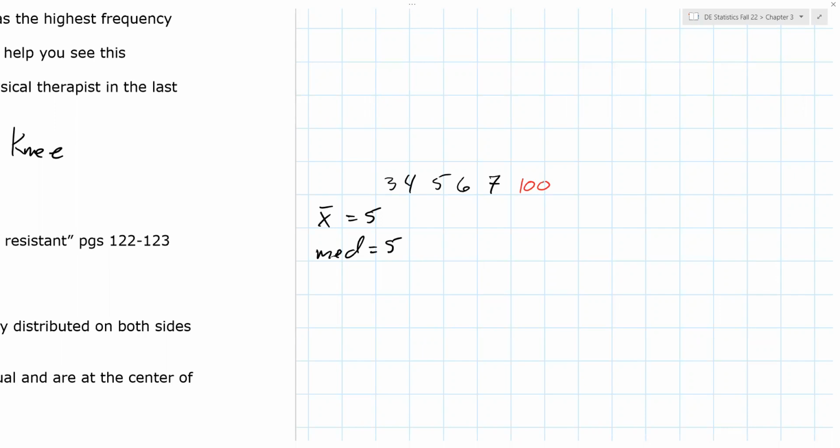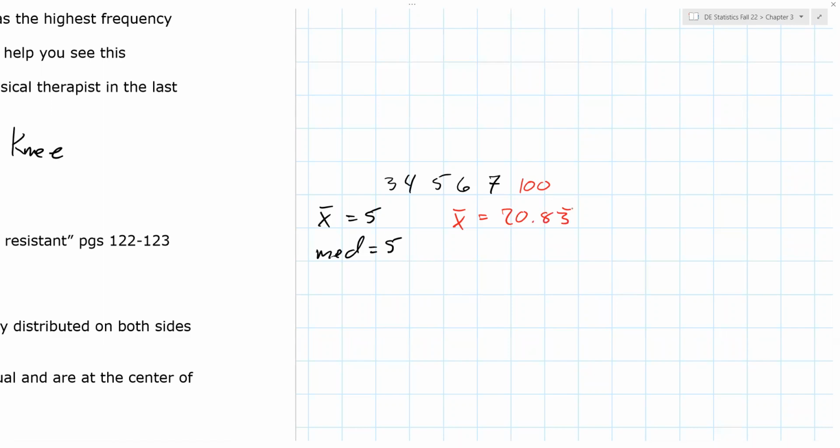How is that going to affect my average? Let's find my new average with that one additional data point. My average went from 5 to 20.83 repeating.